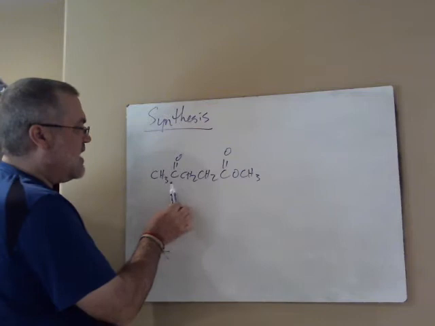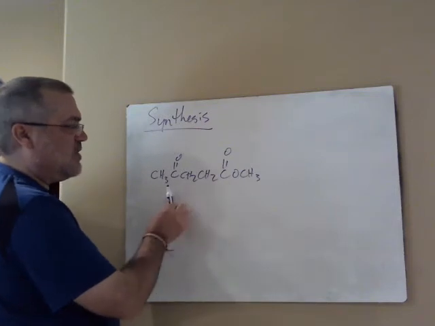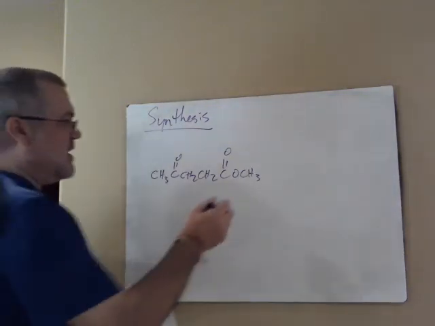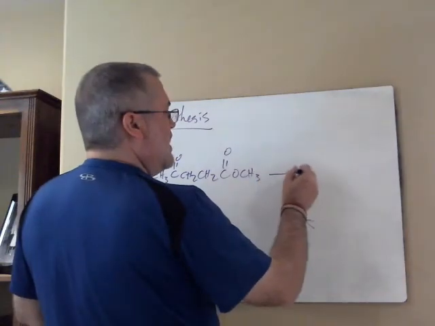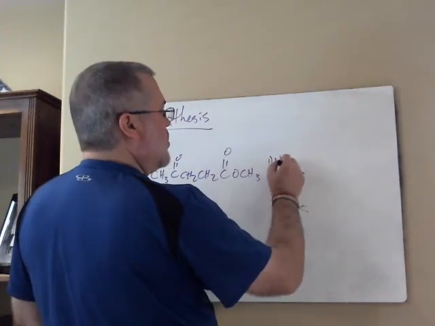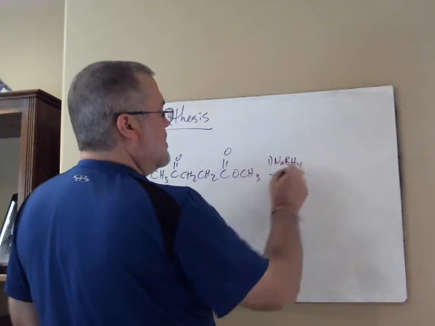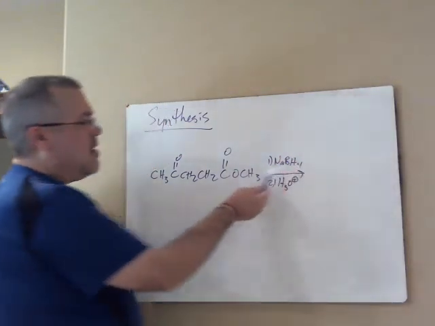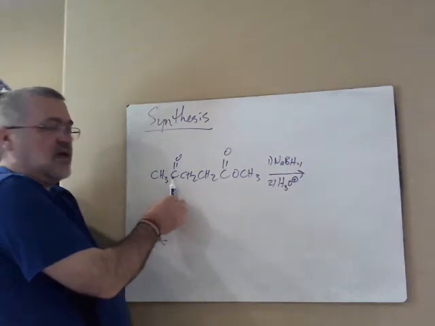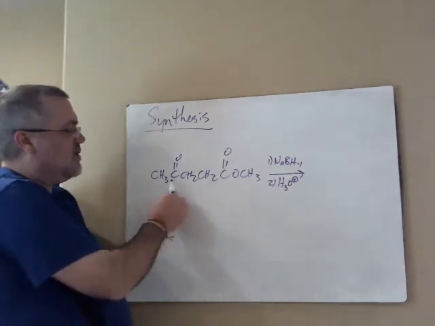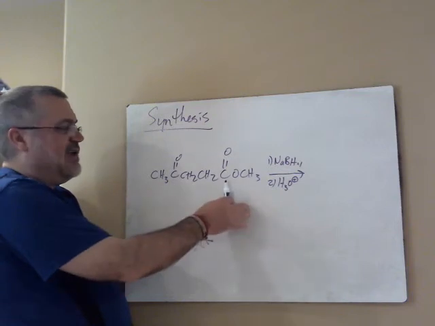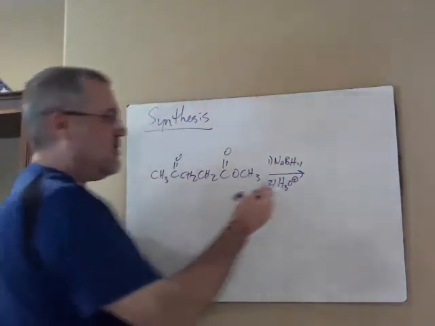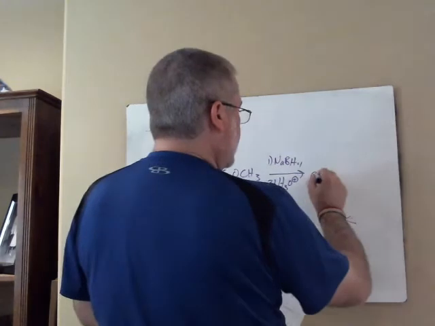And so the reactivities of these two are different with respect to the reducing agents, because if I treat this with sodium borohydride, followed by the acid workup, remember, it only reduces ketones or aldehydes, so it can only reduce this ketone. It won't reduce the ester. And so in that sense, it's selective.